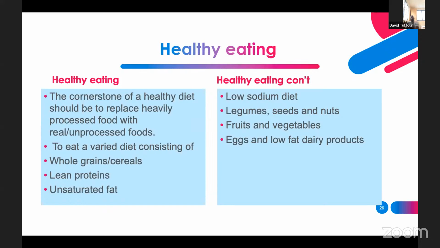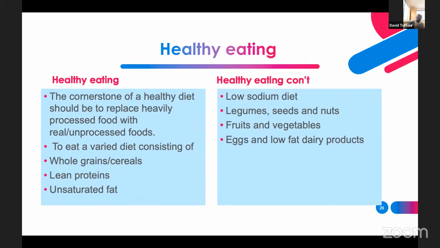We are preaching that instead of consuming food that way, the way that will put your health at risk, rather switch to a healthy style of eating, what we call healthy eating. The cornerstone of a healthy diet should be to replace heavily processed food with real or unprocessed food.